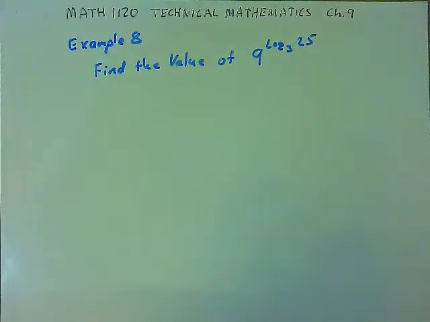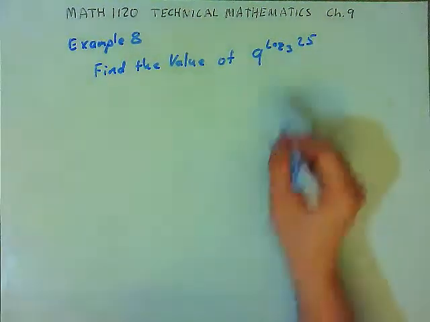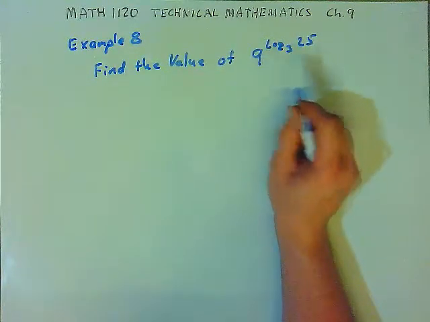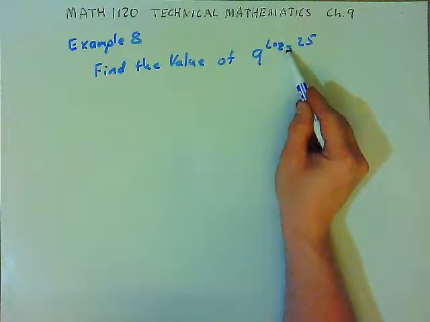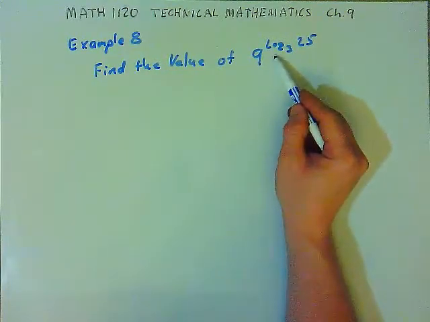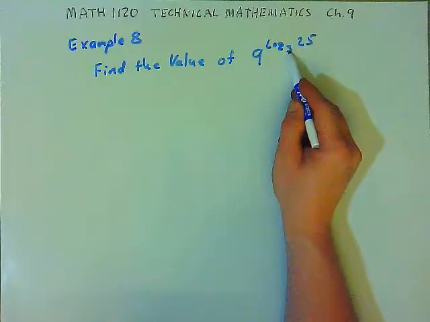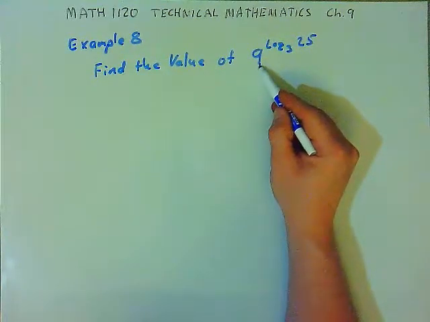This is example 8. It says find the value of 9 to the power of log base 3 of 25. And so to solve this, we have to recognize that if the base matched the base of the logarithm and the exponent, that we could probably make something cancel. And so 9 can be the same as a 3 if we write it as 3 squared.